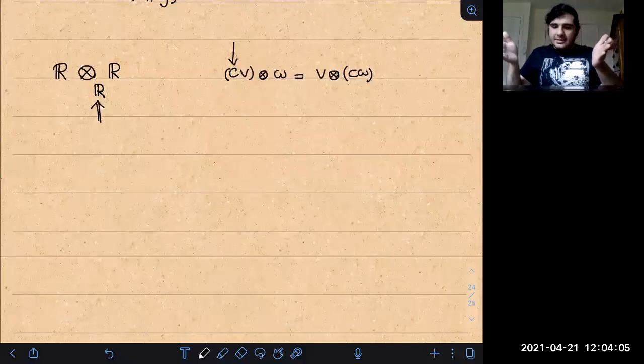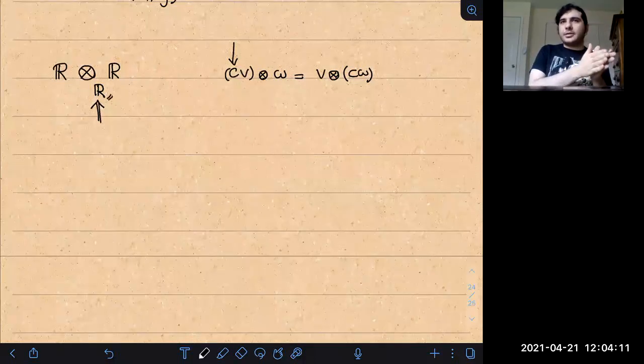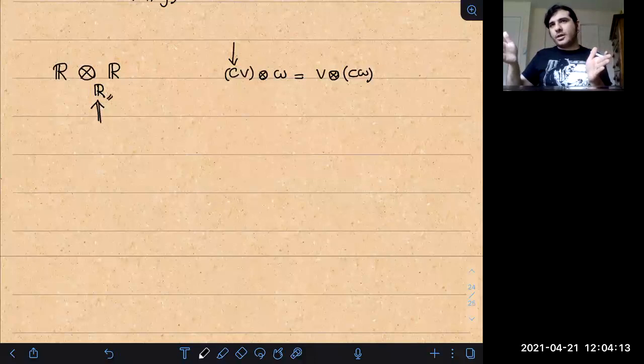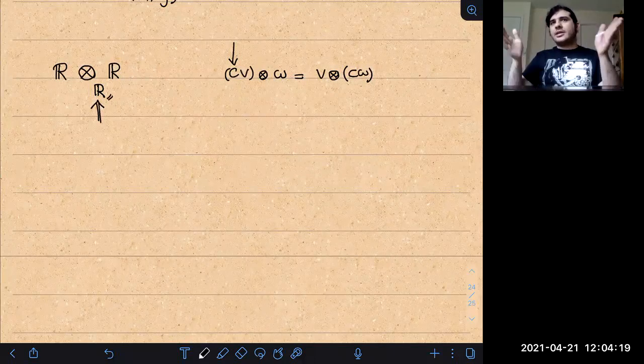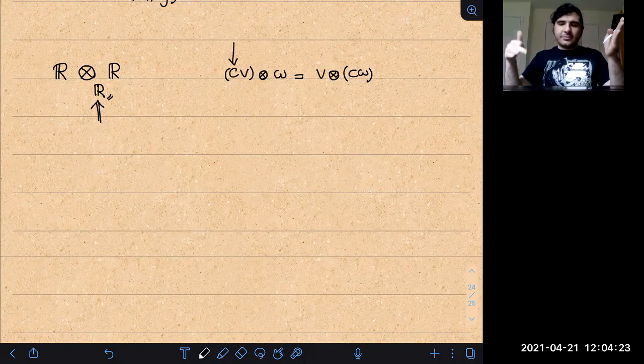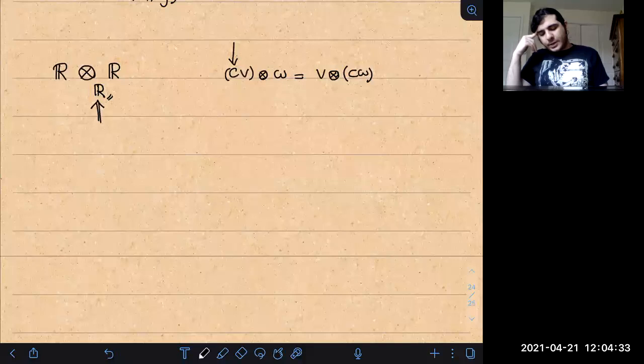When it is R, you only allow real numbers to go from one side to the other. For example, you wouldn't allow that with complex numbers. Here, both things in the tensor product are real numbers, so there is no C, but later we would see that this would play a role. So let's start with that.